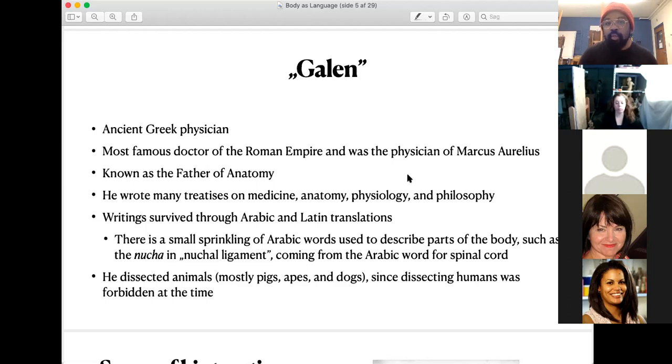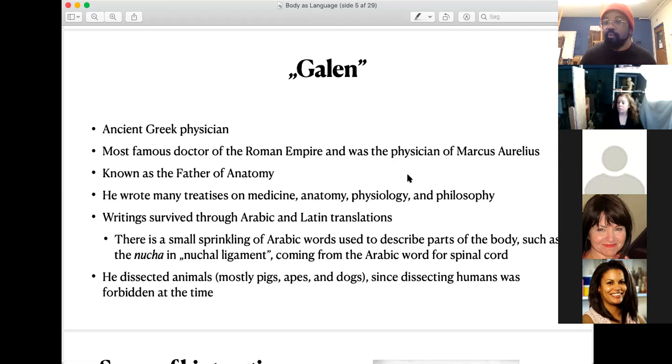And so because of that, he wrote on so many different topics, and most of them are lost now, but what we do have has been saved through translations in Arabic and Latin, mostly Arabic, actually.